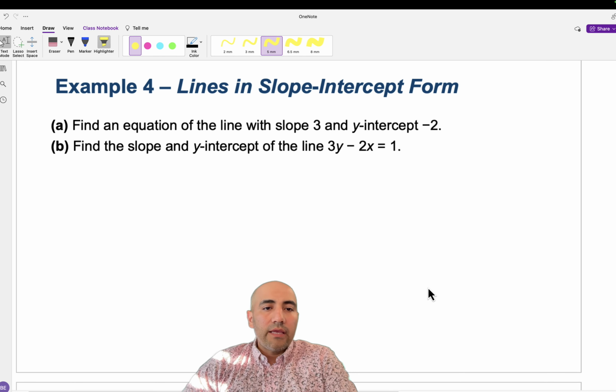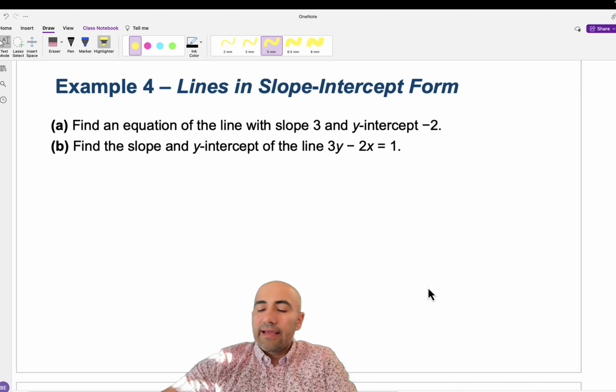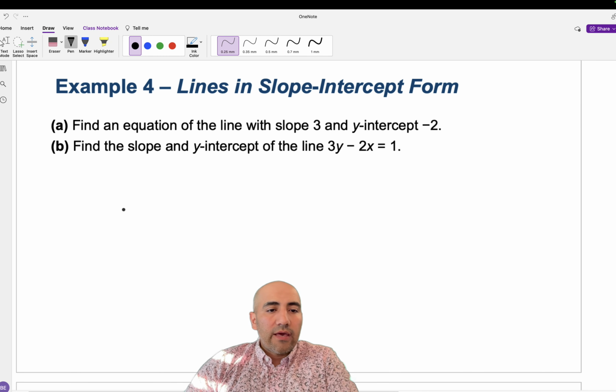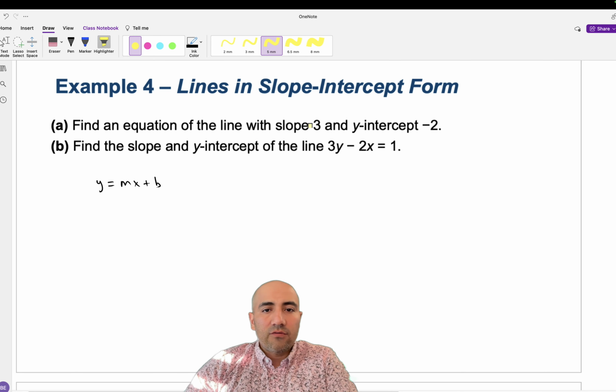Okay, find an equation of the line with slope 3 and y-intercept at -2. Okay, so if we just use our formula, we know that y equals mx plus b, where m is the slope. And so for part A, the slope is given right here.